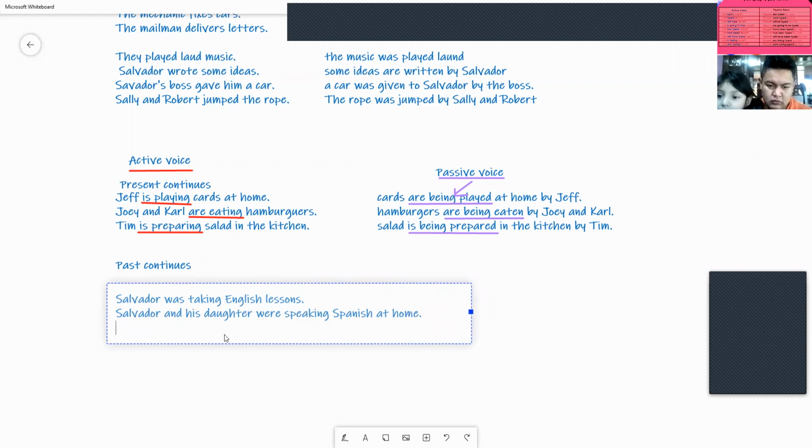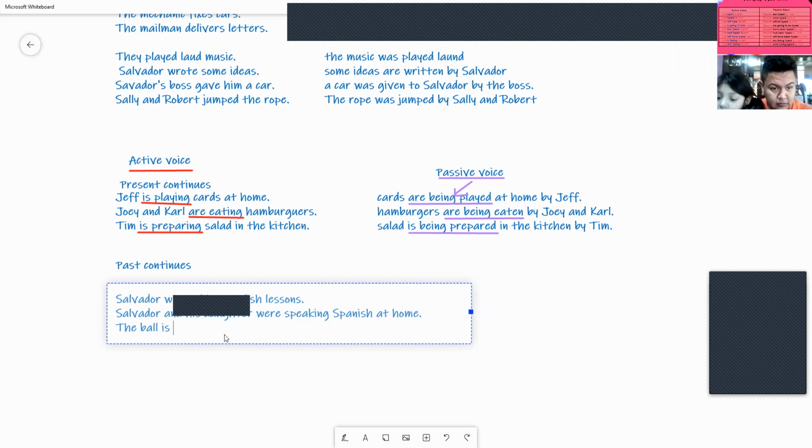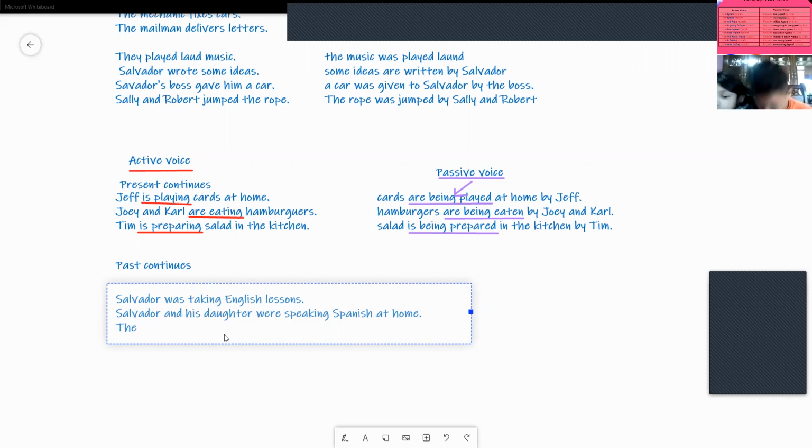Then we have the exam was... let's see. The ball is... no. The boy is throwing.